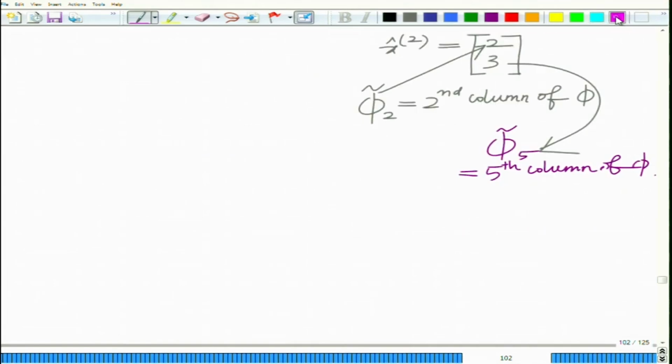And therefore, now you can reconstruct the sparse vector x bar as follows: only the second entry will be 2 and the fifth entry will be 3 and the rest of the entries are 0.